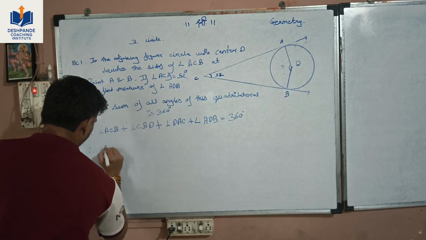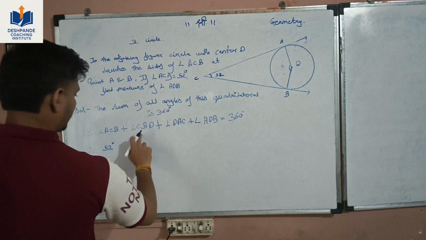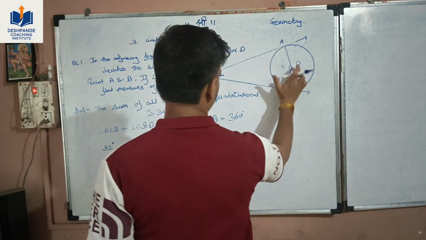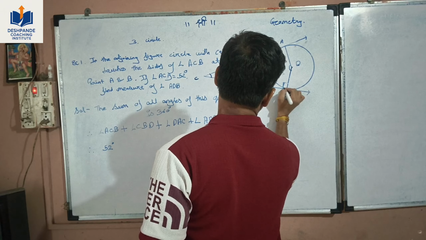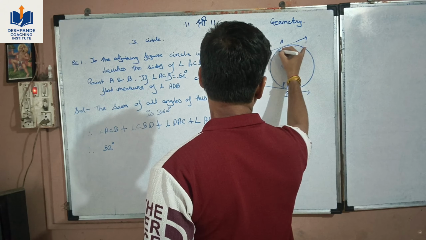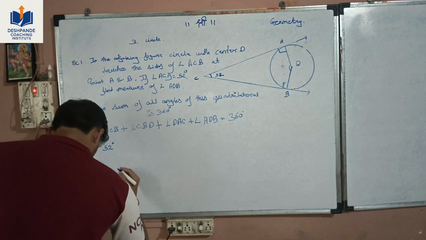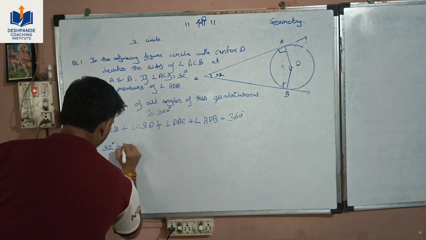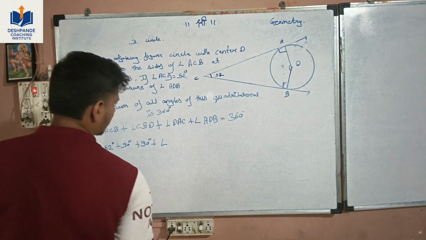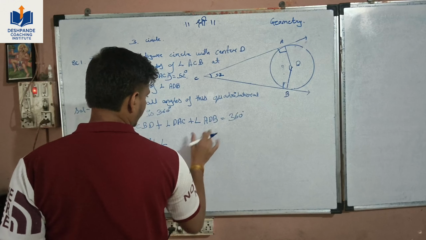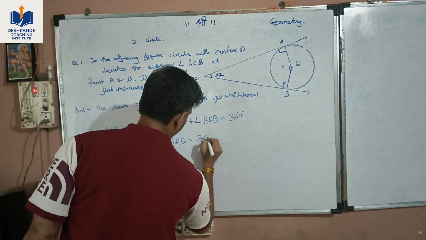Angle ACB is 52. Then angle CBD is 90 degrees, and in the same way angle A is also 90. So 52 plus 90 plus 90 plus the last angle which we have to find, angle ADB, is equal to 360 degrees.